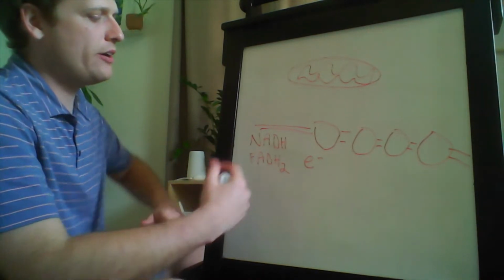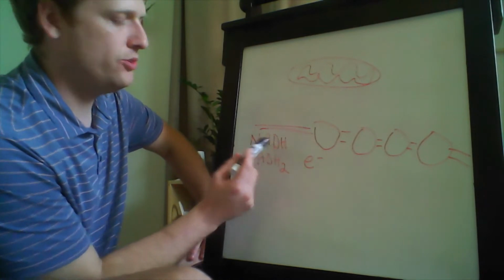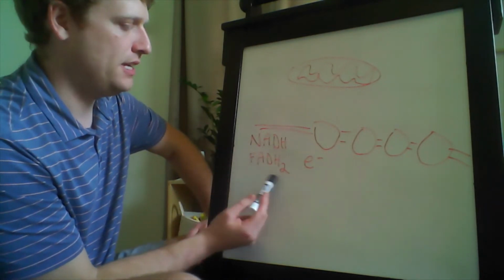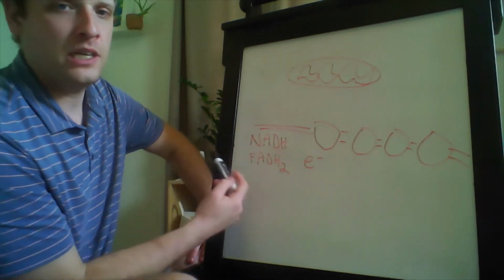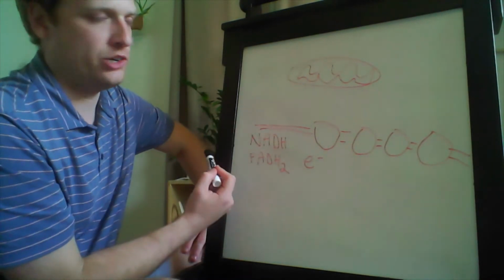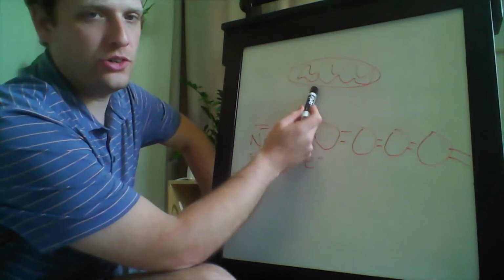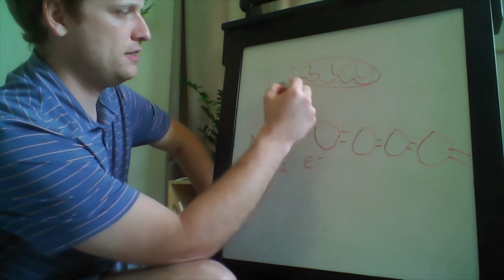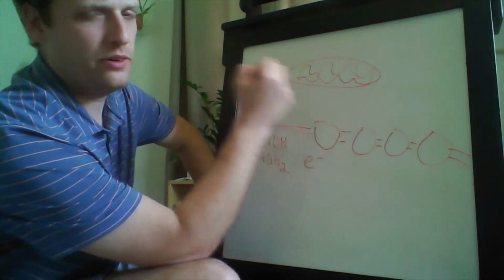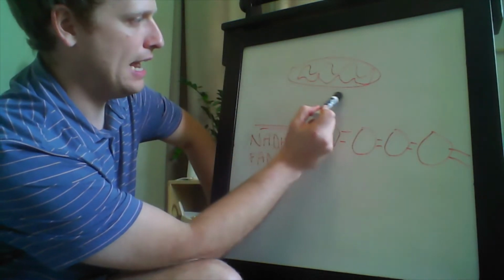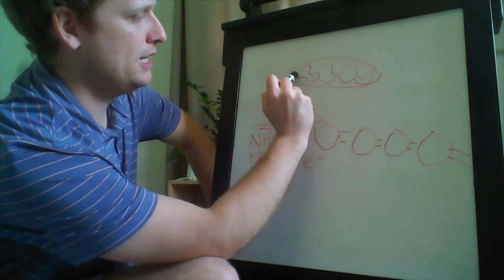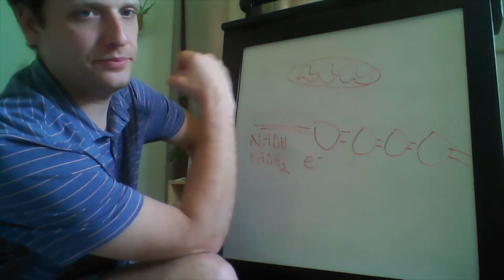Where these reduced coenzymes, NADH and FADH2, are going to end up is inside the mitochondria. So the mitochondria itself looks something like this. It's got two phospholipid bilayers, an outer membrane and an inner membrane.